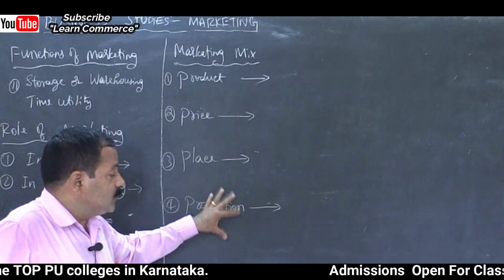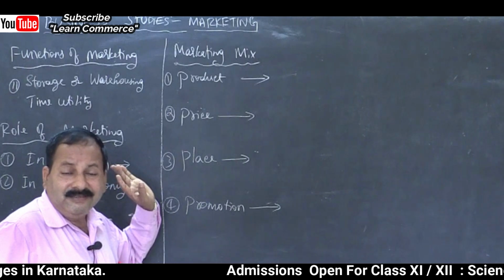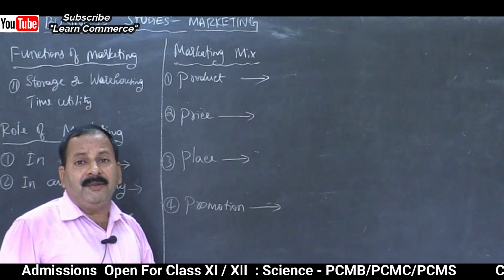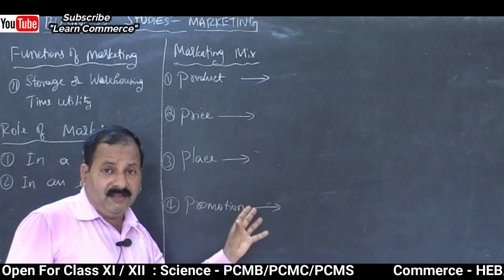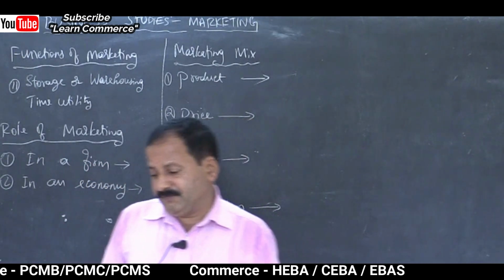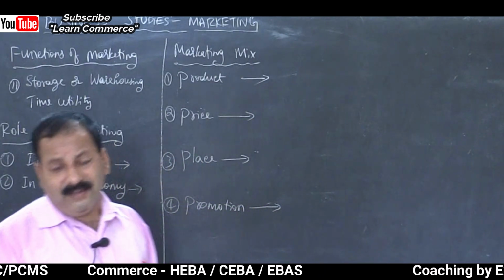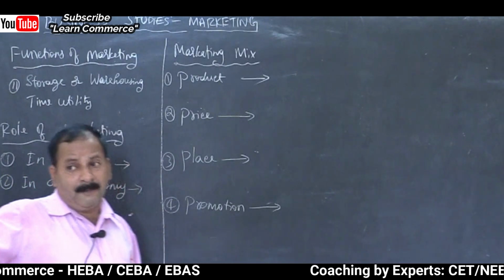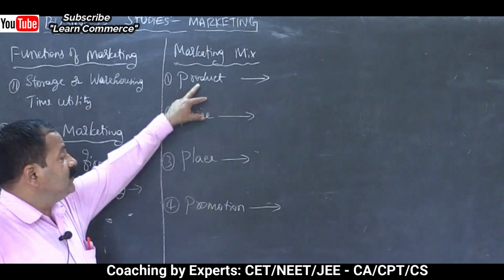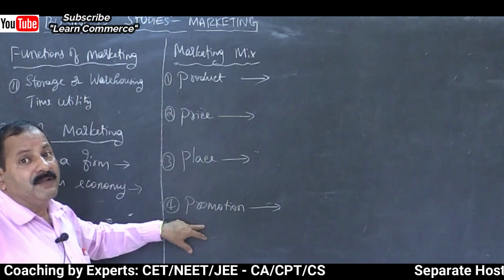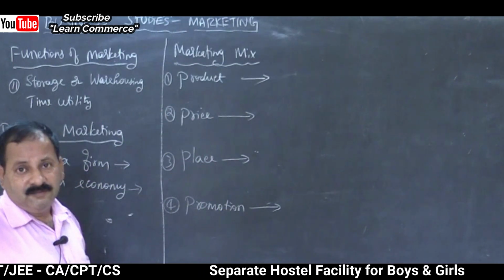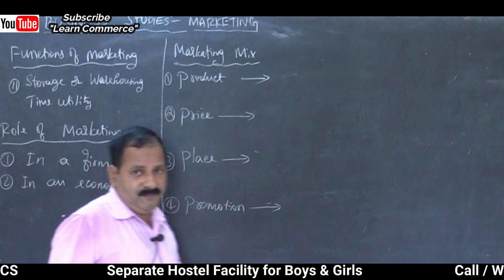So they are the controllable variables which are blended together to achieve the target market. The target of the business firm depends upon the marketing mix, and individually they are marketing mix elements: product, price, place and promotion.